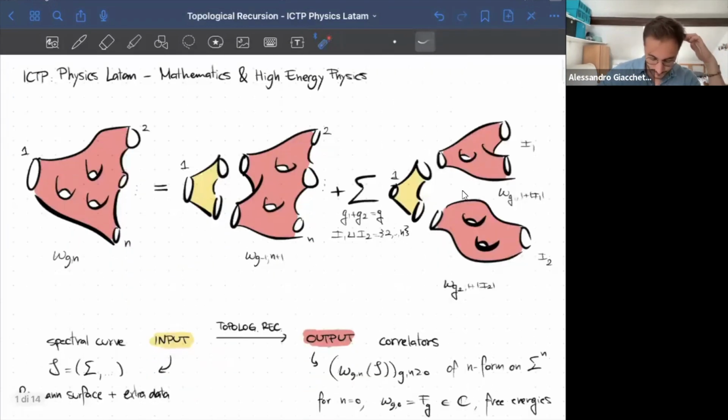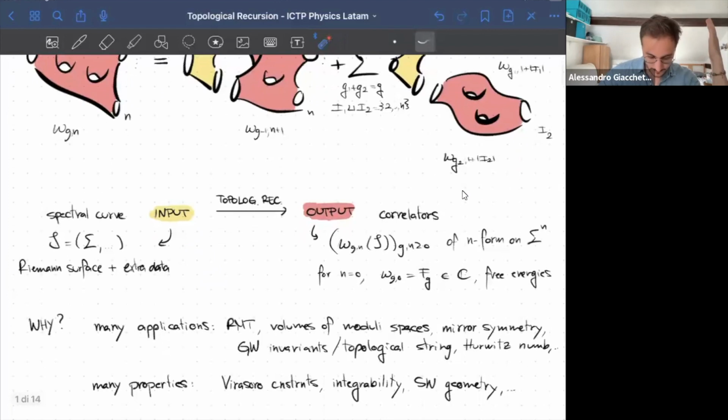In a nutshell, you can think of topological recursion as a kind of black box that takes an input and spits out an output. The input will be something called a spectral curve, which will be essentially a Riemann surface, sigma, with some extra data that I will explain later on.